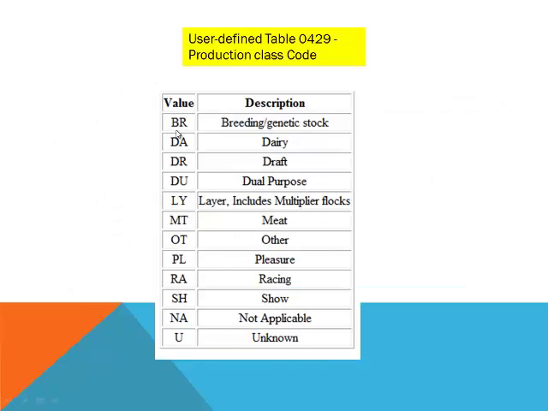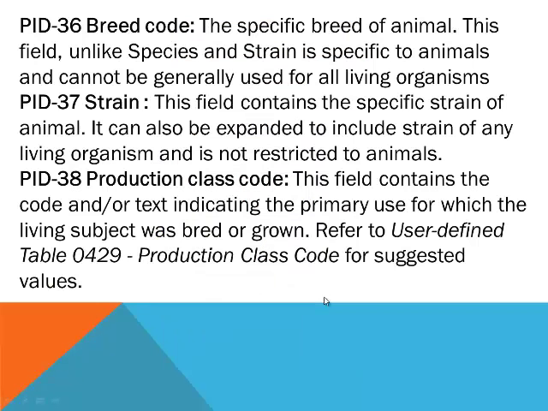These different values mean different things. For example, DA means dairy, MT means meat, I means racing, and S means showing. So that will be filled here. So these are the things I want to talk about for this part.